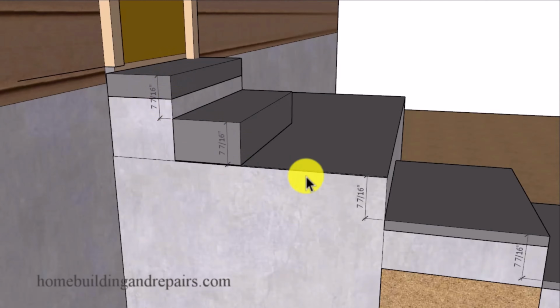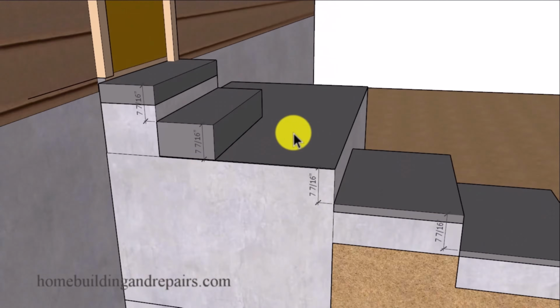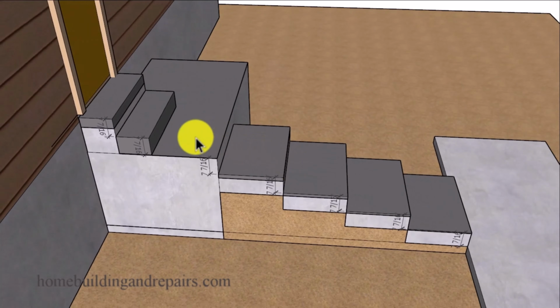Now the thing I don't like with this is the thin measurement that we have here, and there's a very good chance you're going to have a difficult time finding a material that's going to stick to the concrete, whether it's going to be thinner or thicker. Again, another reason suggesting that you need to remove and replace, redesign the stairway.